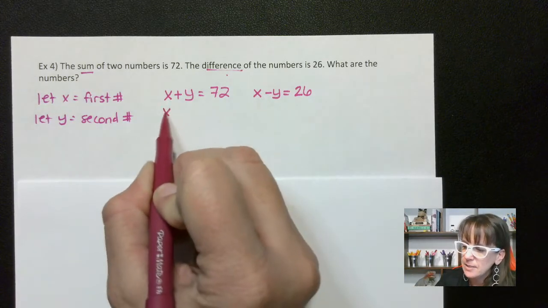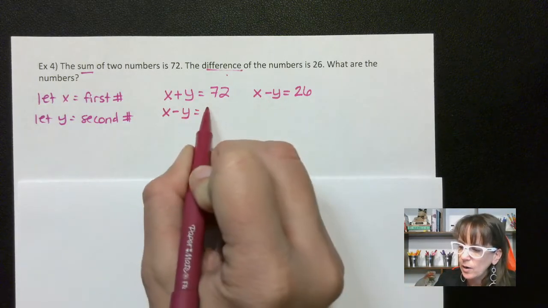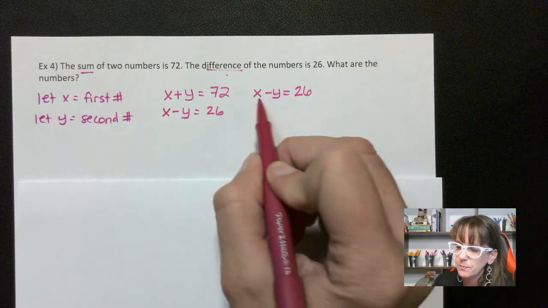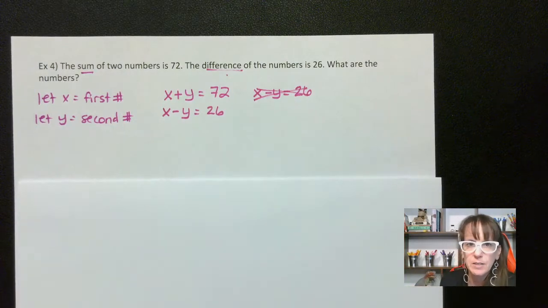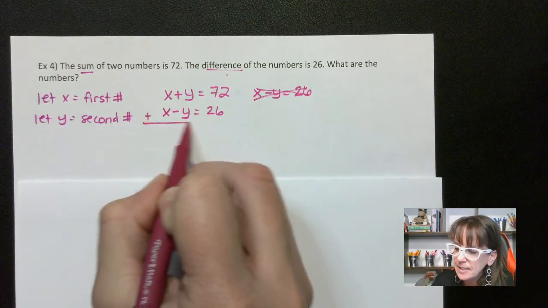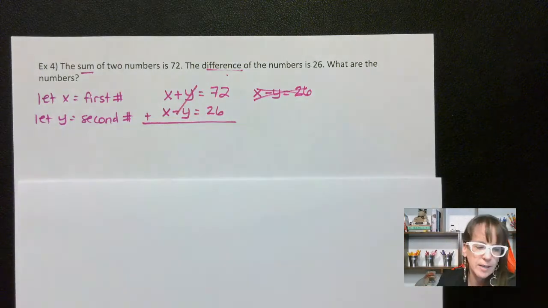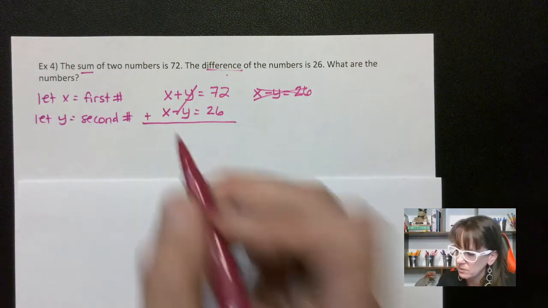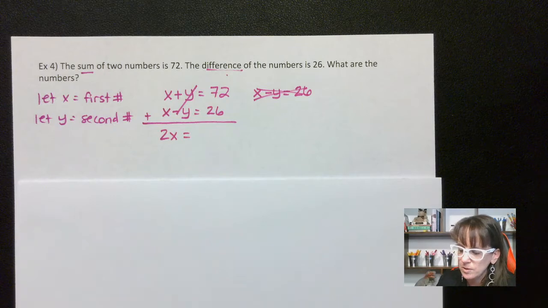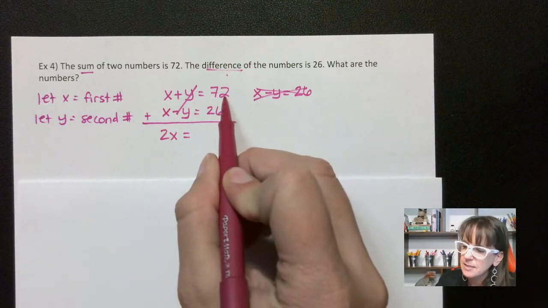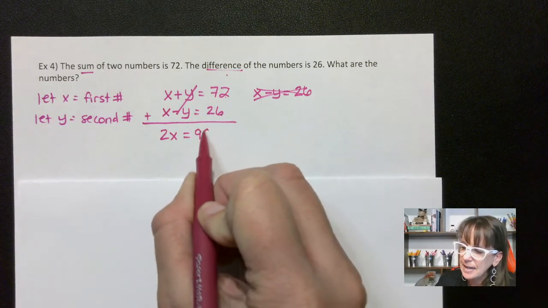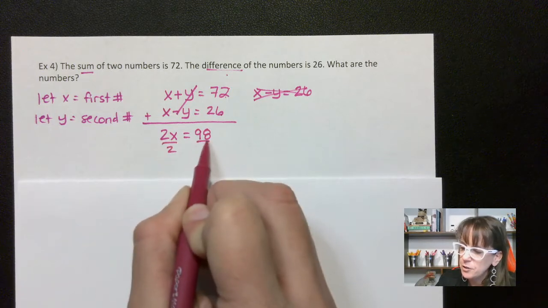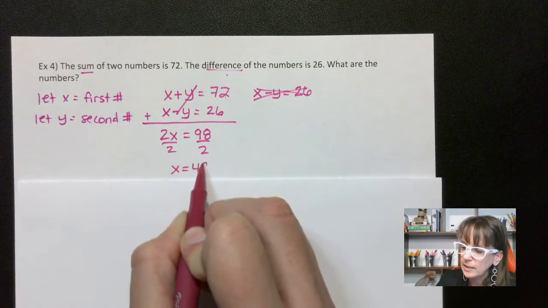Because I can very easily eliminate my Y's here. I moved this and stacked it right on top. Now I add these together, and plus Y minus Y gets rid of the Y's. So I get 2X equals 98. Divide both sides by 2, and I get X equals 49.